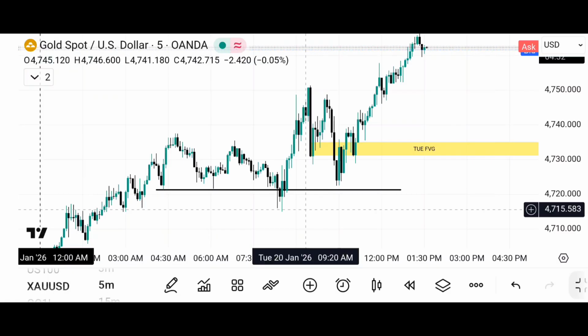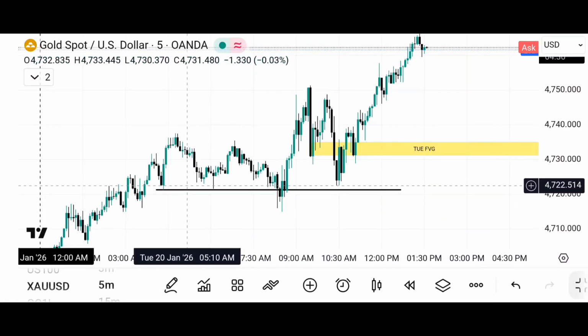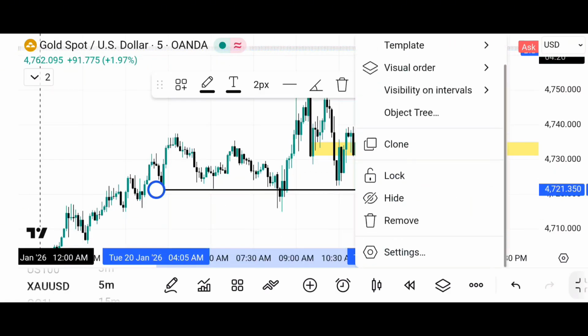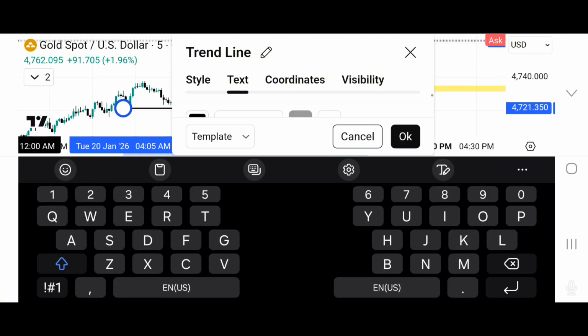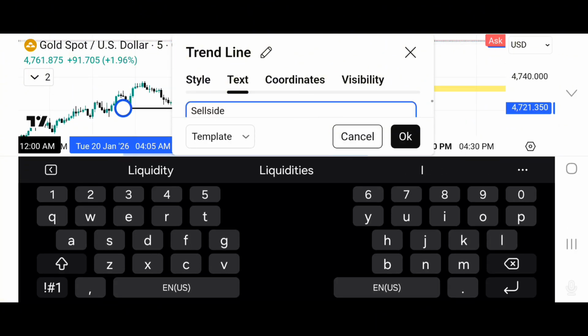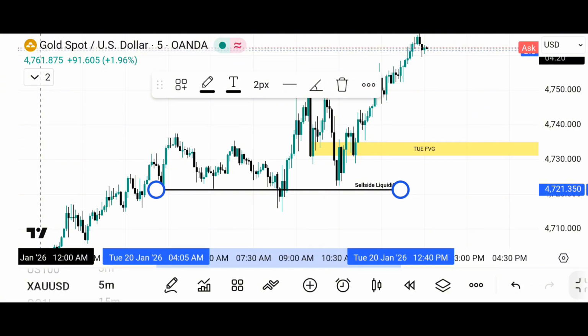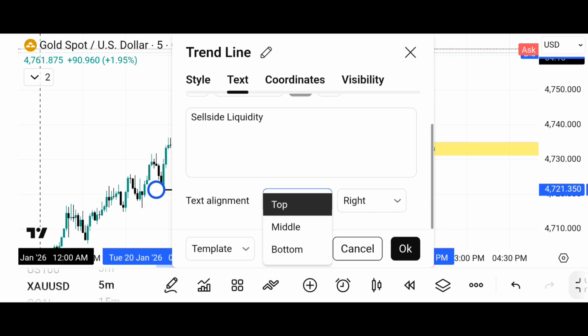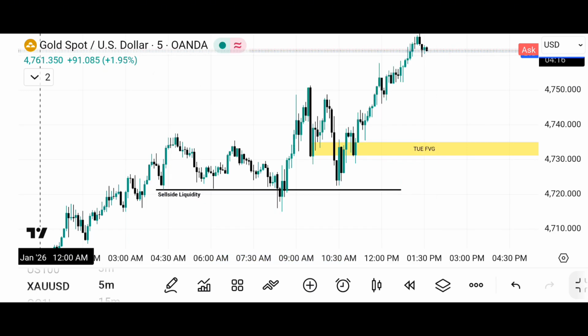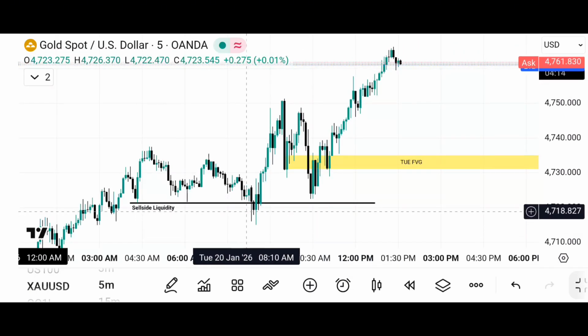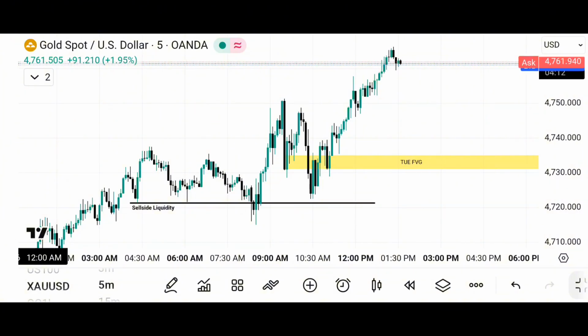So now you see price trading below these relative equal lows, sell side liquidity, bottom left, and rallying up. Now we are going to discuss this briefly.